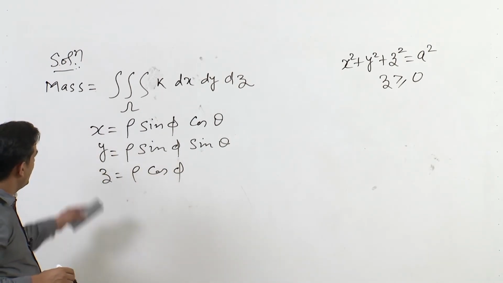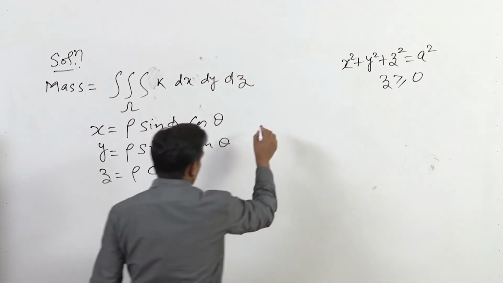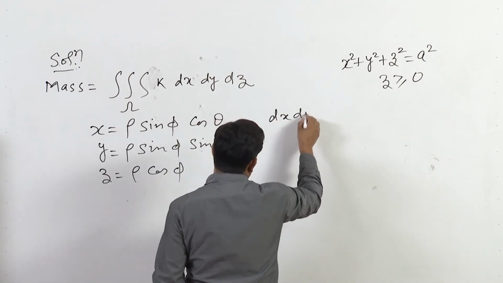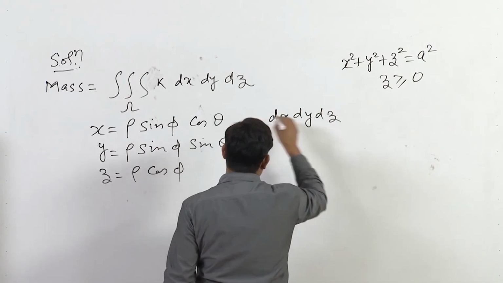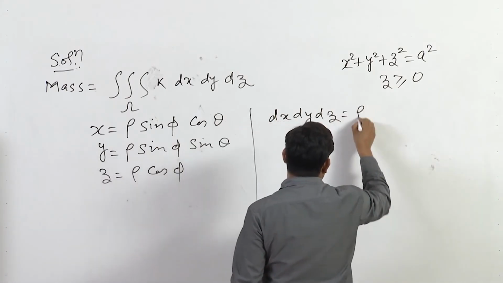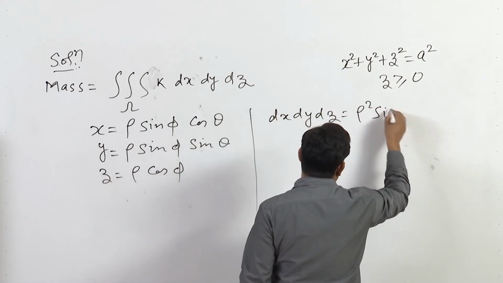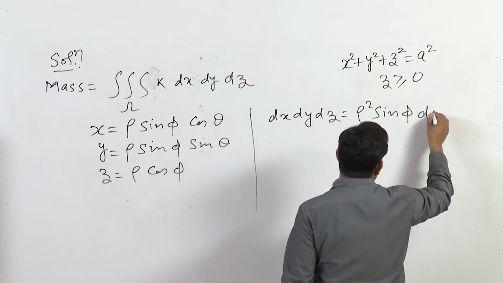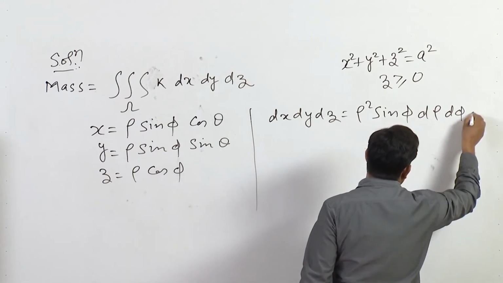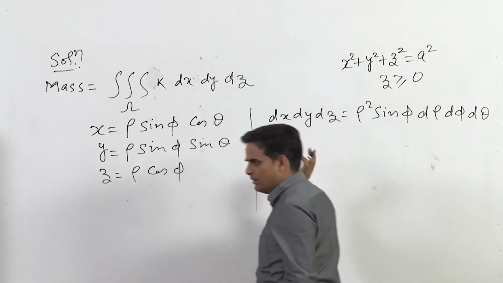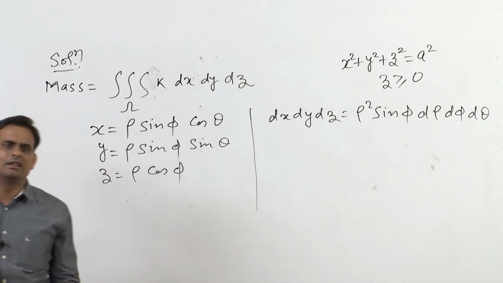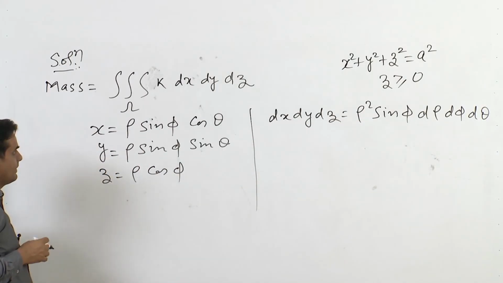And after that dx dy dz will be rho square sin phi d rho d phi d theta. We have proved this in some previous lecture, in the change of variables lecture.